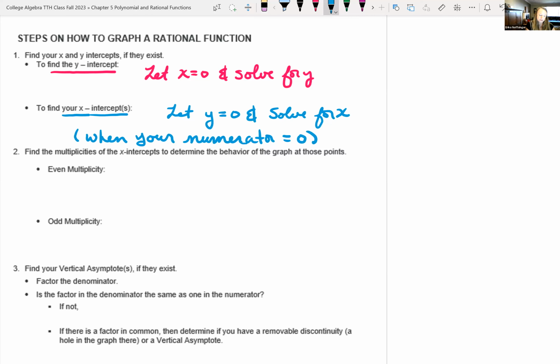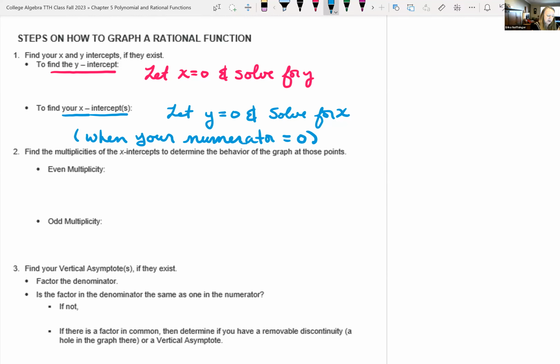We talked about multiplicity of a polynomial, the zeros of a polynomial, and that told us what was happening at the x-intercept. Was our graph going to cross the x-intercept, or was it going to just touch it and turn back around at that x-intercept, which is also called a 0?